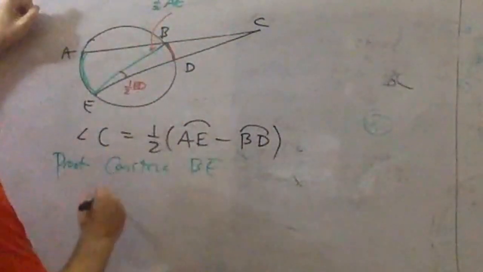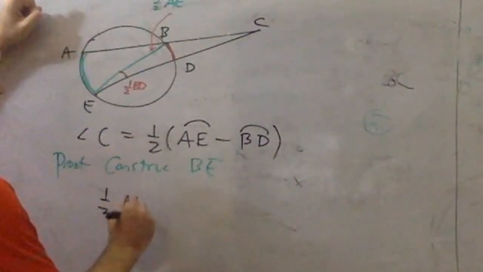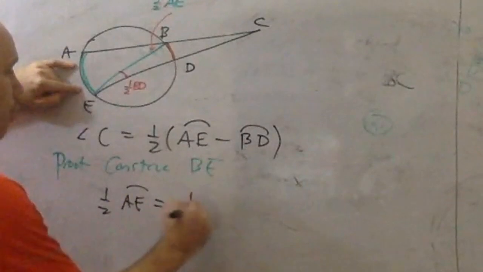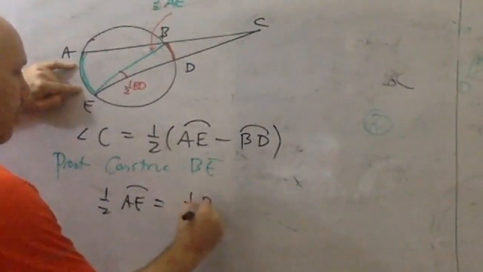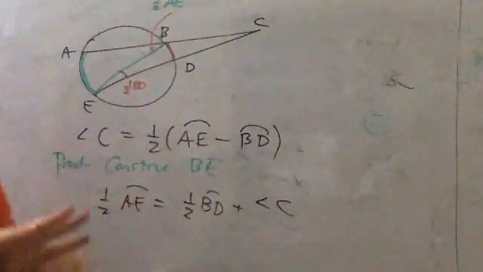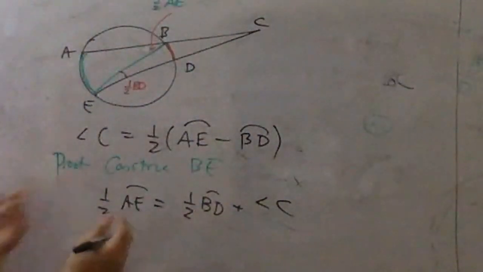So we have 1/2 AE, the green, is equal to the red plus angle C. Manipulating it a little bit, we subtract this over and we get our formula.